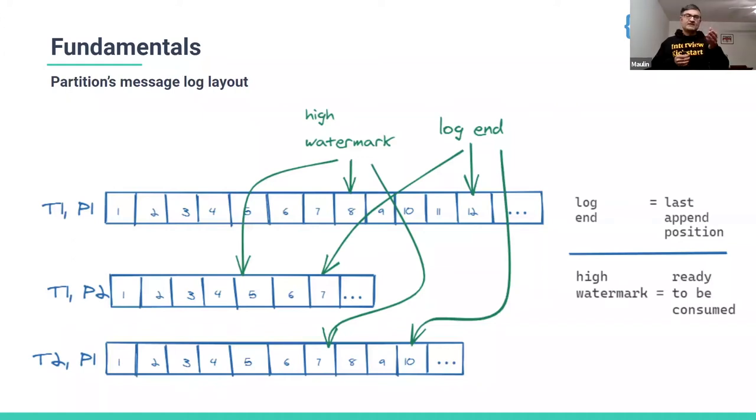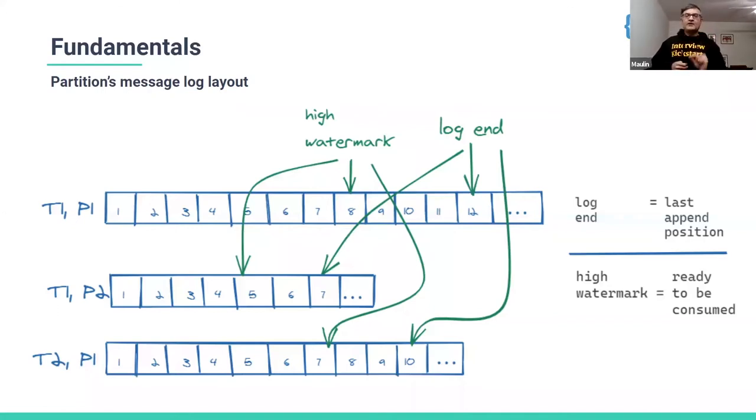What that means is, here, for example, I've shown a T1 topic with 2 partitions and a T2 topic with 1 partition. As you can see, different partitions are getting different numbers of messages depending upon your load pattern of ingestion, and it appends each message in sequential order.